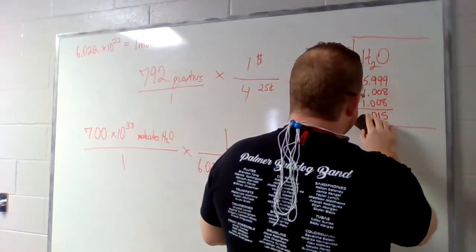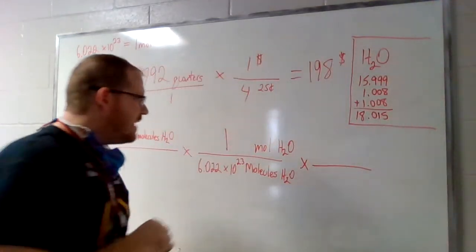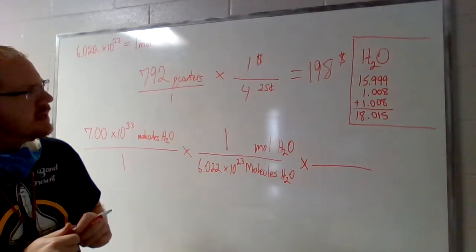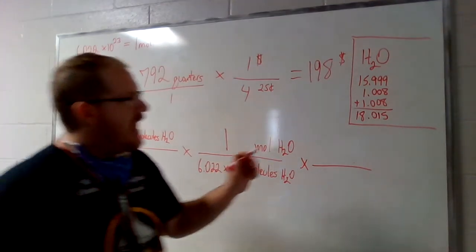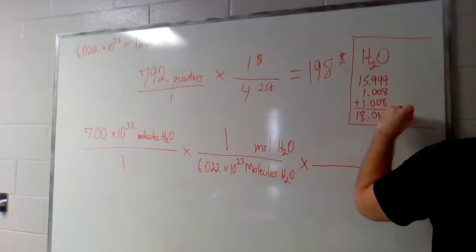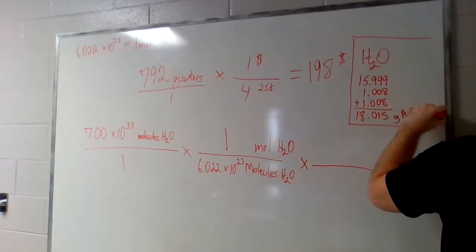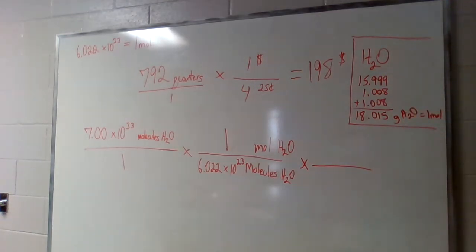Yes, I believe this is 18.015. Yeah, I think I'm good there. So that is how many grams of water you have in 1 mole. So if I have 1 mole of water, it weighs that many grams.